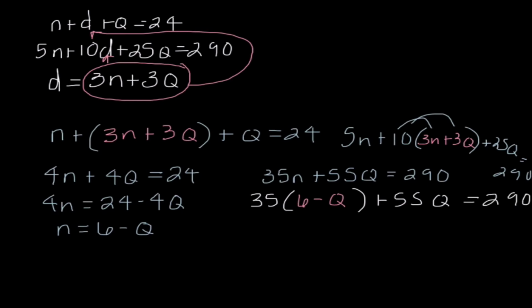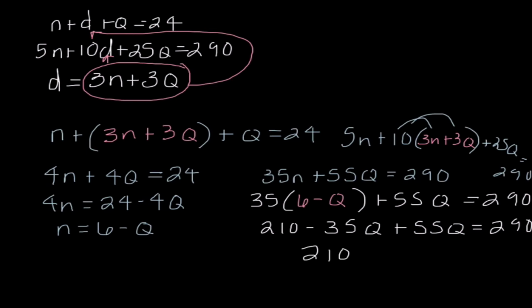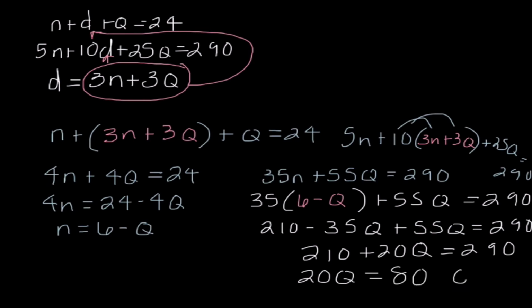When I distribute, 35 times 6 is 210 minus 35Q plus 55Q equals 290. So 210 plus 20Q equals 290. 20Q equals 80. So Q is equal to 4.